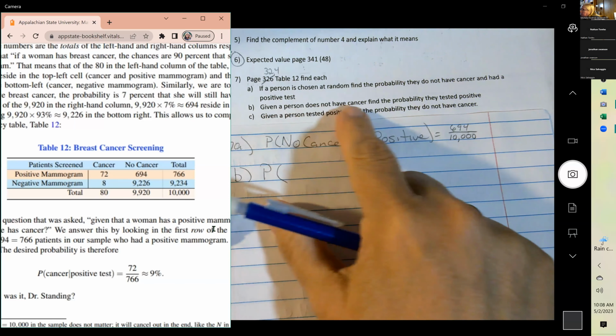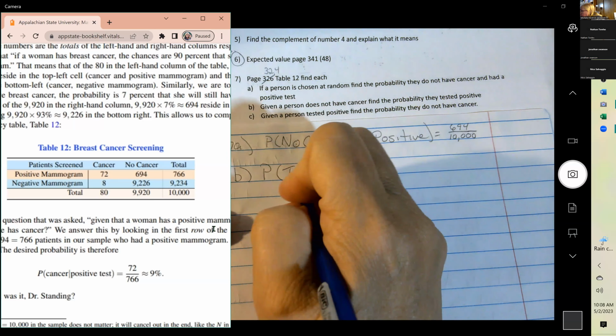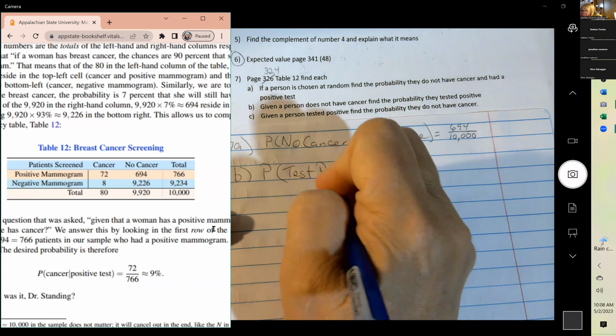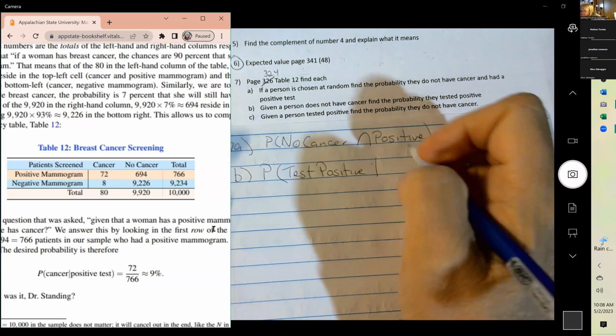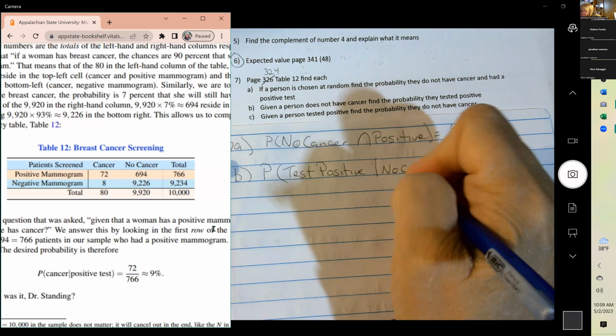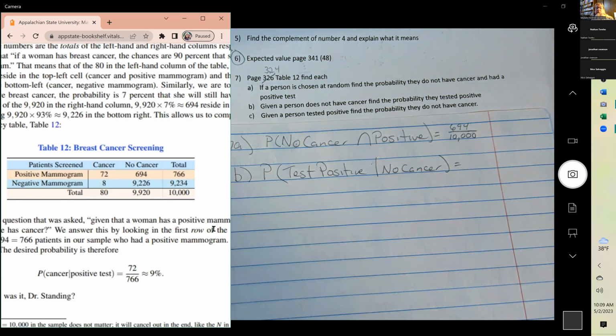Given that a person does not have cancer, find the probability they tested positive. So test positive, given no cancer. Whichever part is given, you only use that row or column. So we were given there was no cancer. That means we're using this column. Testing positive is the 694.